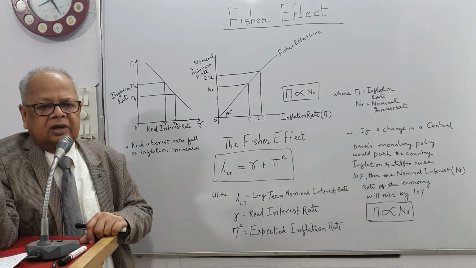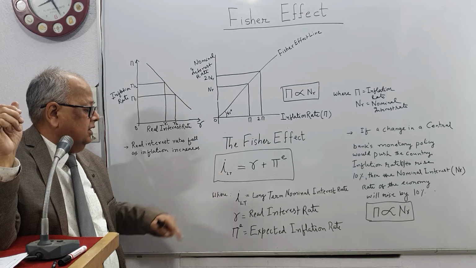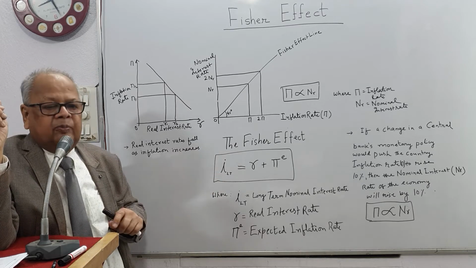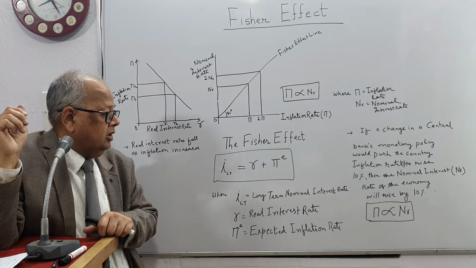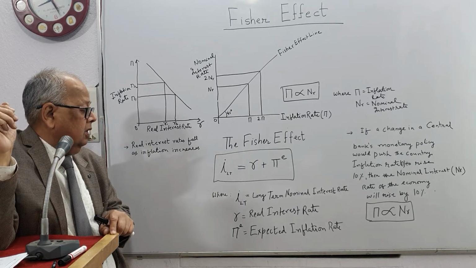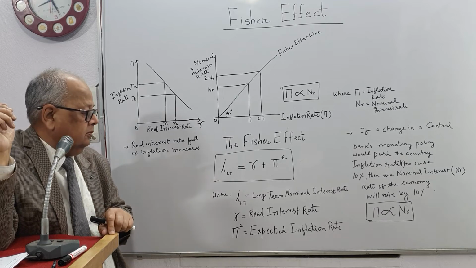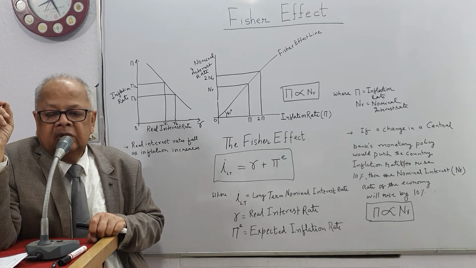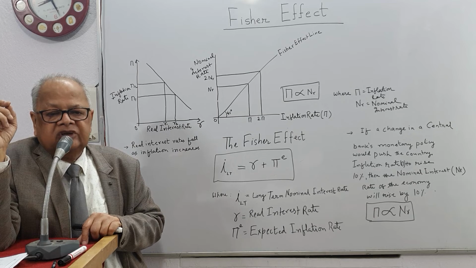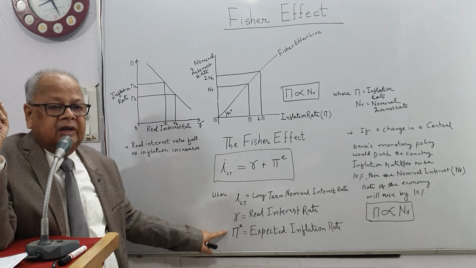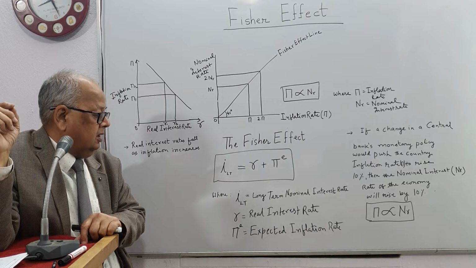And therefore, Fisher's effect equation is i_LT = r + pi^e. Here i_LT is the long-term nominal interest rate, a small r represents the real interest rate, and pi^e is the expected inflation rate.